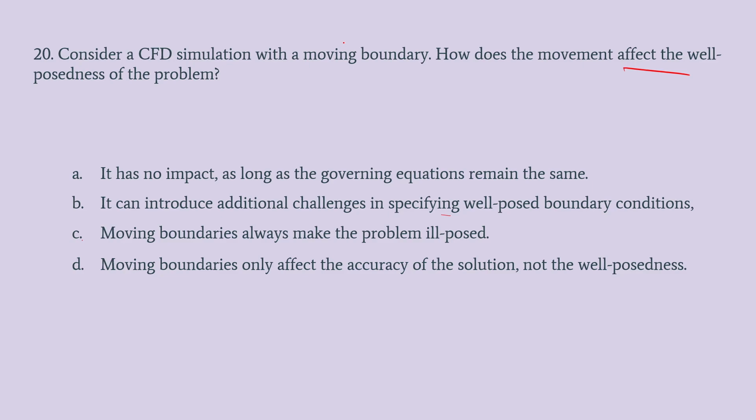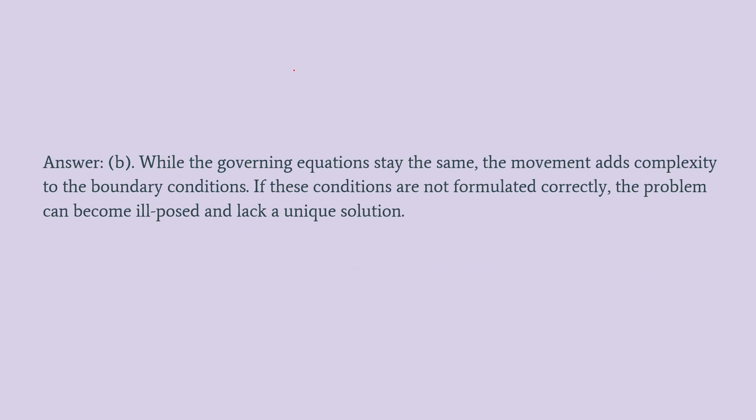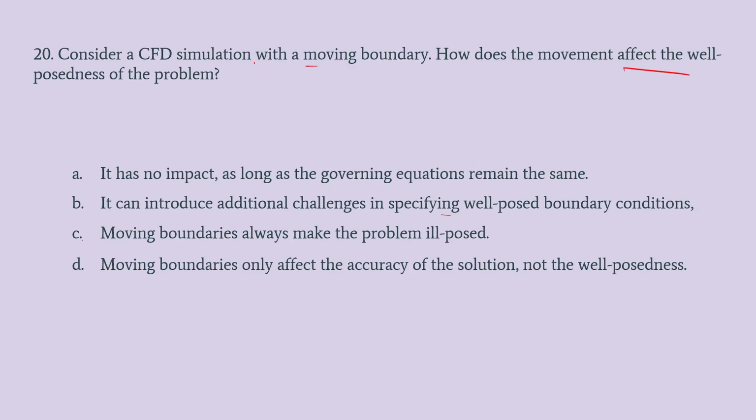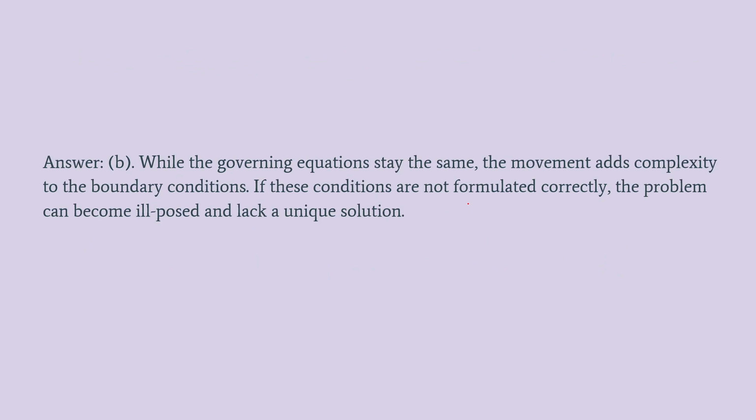So, a CFD simulation with moving boundaries will make the boundary conditions more difficult. Thereby we have to model properly, because we have to specify the boundary conditions so well that they reflect in the system without affecting its solvability. One condition in well-posedness is that it should reflect all the small changes in the boundary conditions.